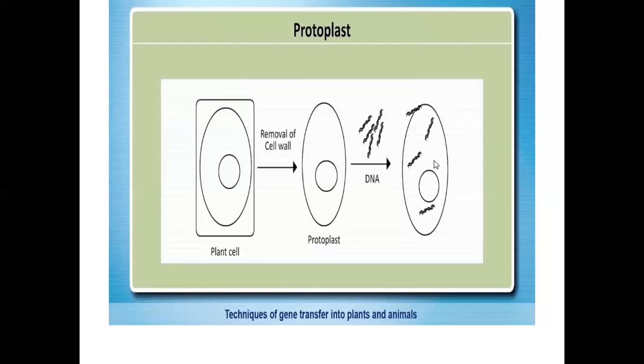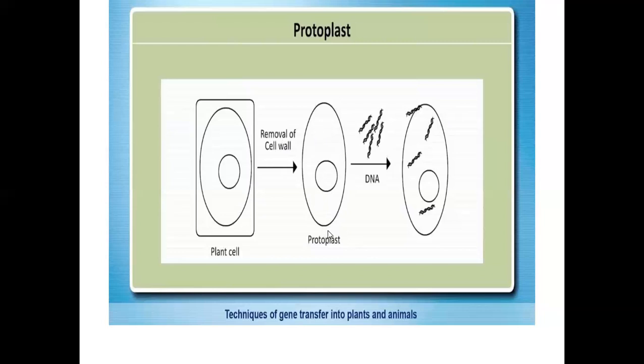Before selecting target cells, the target plant cells contain a proper cell wall. The cell wall is removed by enzymes. By the enzymatic method, the cell wall is removed. The plant cell containing only the plasma membrane with nucleus is called a protoplast.